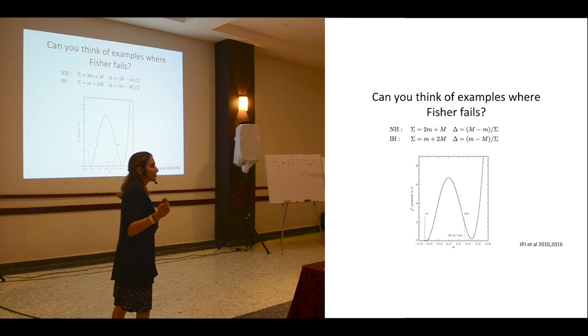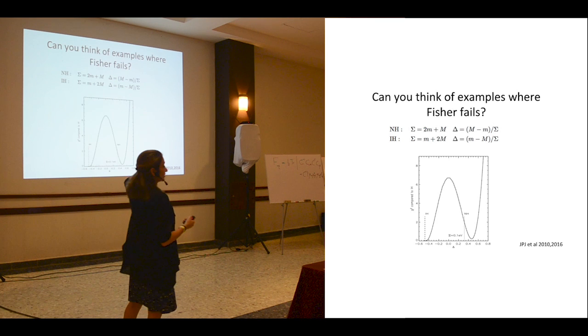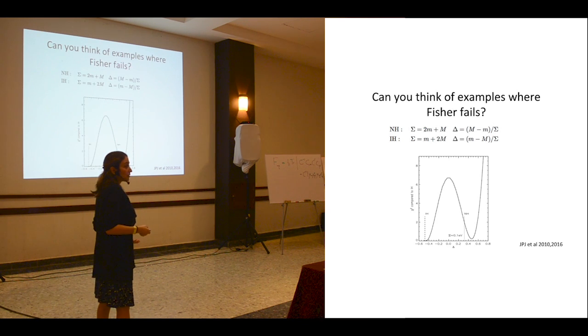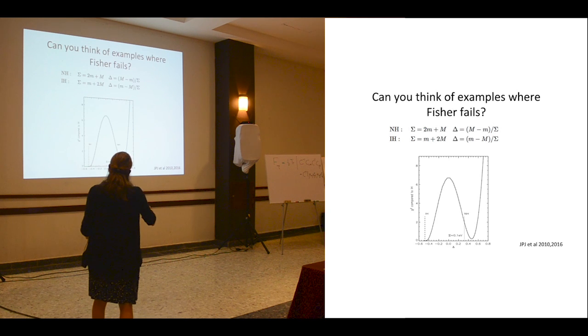Since we are assuming that the errors are Gaussian and that the variance does not depend on the parameter, this is what it is. And so if I was sitting here with this as my fiducial model and I forecast errors on this parameter, what I'm doing is approximating this as a quadratic, as a parabola. And it works quite well on this side, but it does not work quite well on this side. So as long as you stay within 1 sigma, that's fine.